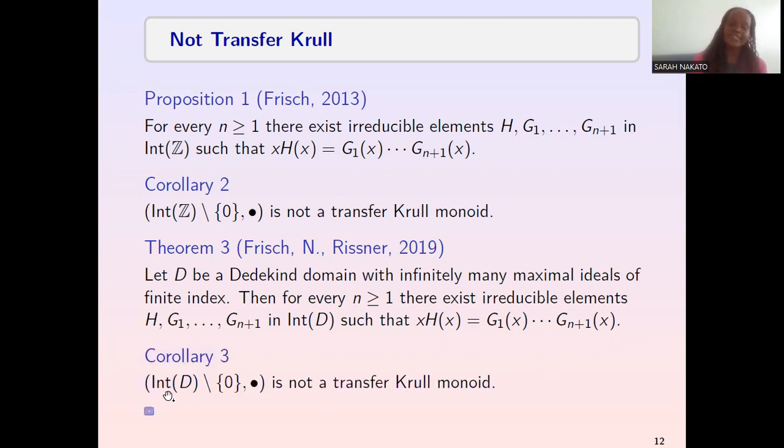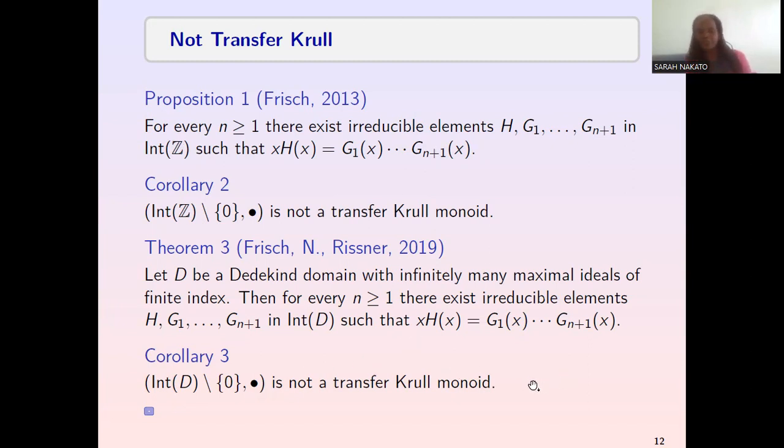It also means that the multiplicative monoid of Int(D) for these particular Dedekind domains is not a transfer monoid. So these results not only rule out transfer mechanisms in this structure of integer-valued polynomials, but also give counterexamples of monoids which are not transfer monoids.